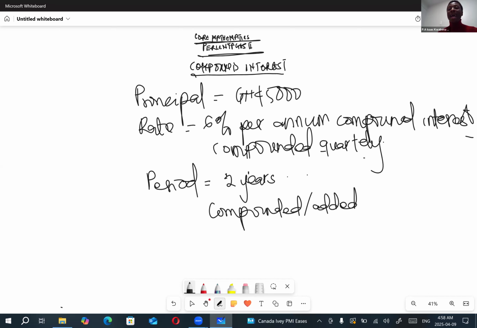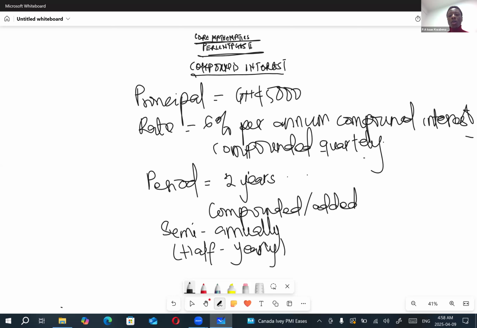Another cycle they can use to be adding the interest to your principal is semi-annually. Semi-annually means half yearly, right?